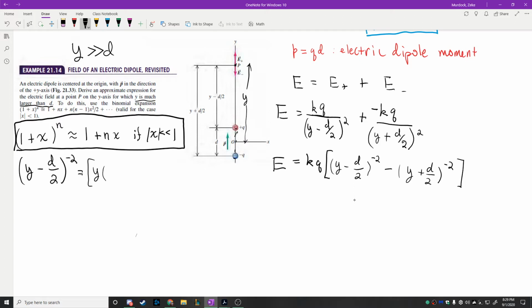If I factor y out of this expression, it's going to become 1 minus d over 2y. You'll have a 1. That's good, that meets one of the conditions we needed. So this is starting to look like this. And then, is d over 2y going to be less than 1?